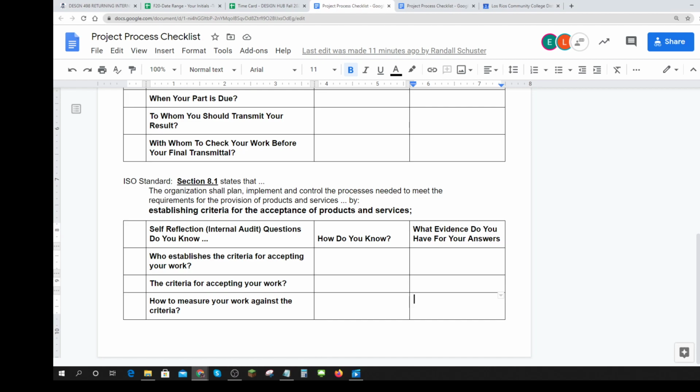Because the standard says the organization, that's the Design Hub, shall plan, implement, and control processes needed to do this. And I'm not sure we do this really well. This is one of our weaker areas, and by doing this, you'll help us get stronger. Okay, any questions on all that?